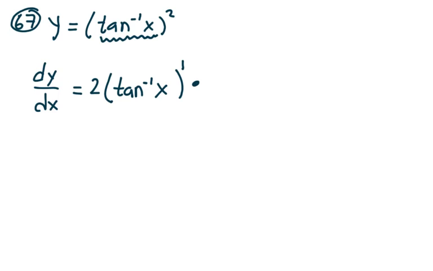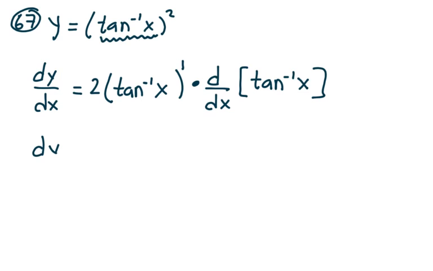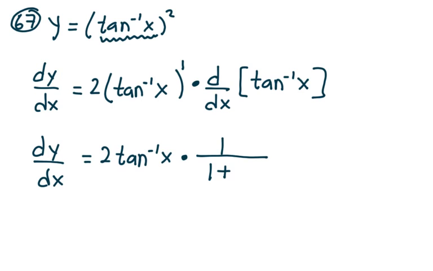And I'm going to take this result and multiply by the derivative with respect to x of the inside function. Just like this. And so dy/dx is 2 times arctangent x times 1 over 1 plus x squared.